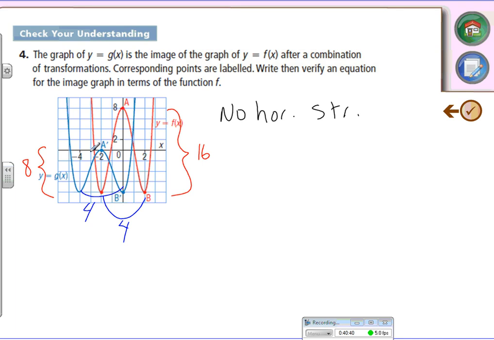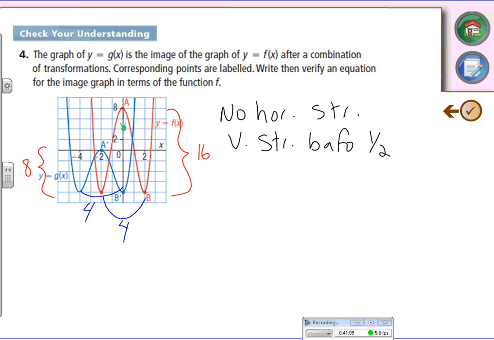That means we must have had a vertical stretch by a factor of 1/2. We're half the height. So let's take a point. I'm going to use point A. Point A is 8 above the x-axis, half of the distance would only be at 4. So we would actually be moving that point down to here after that vertical stretch.